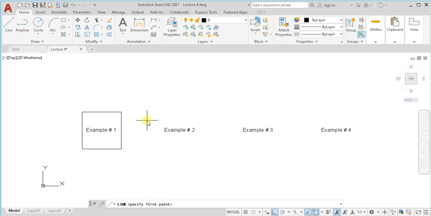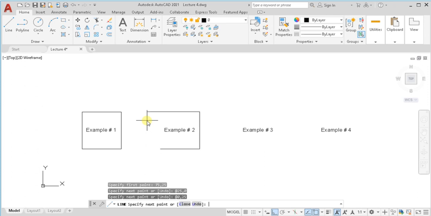Another way to create a very similar drawing is using the previous references. To start, we will start with a point, say 75, 25, which is 75 in the x-axis and 25 in the y-axis. Then we will write the at sign and then 25, 0.